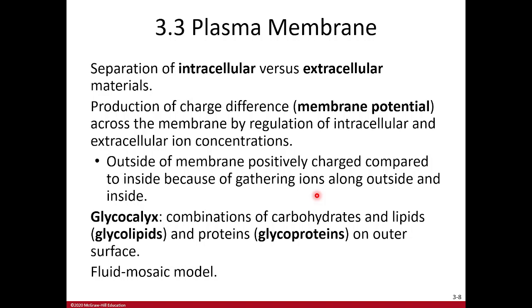Now we need to study the individual components of the cells. One of the individual components is the plasma membrane. The function of the plasma membrane is to separate the internal materials of the cells from the external environment. And this plasma membrane is made of phospholipids, and these phospholipids have fatty acids that face towards the portion where you don't have water, inside and outside of the cell.